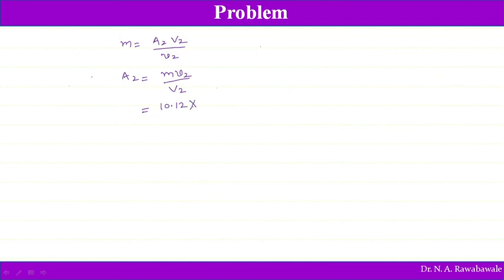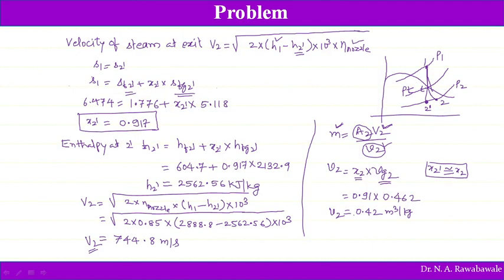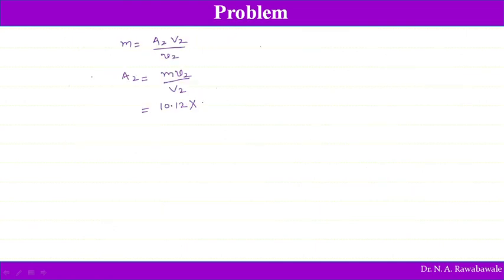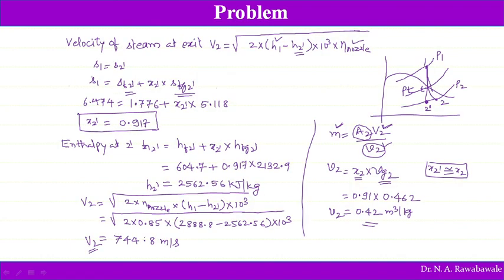Into specific volume, which we just calculated as 0.42, divided by velocity at exit, which is 744.8 meters per second. This we have calculated.